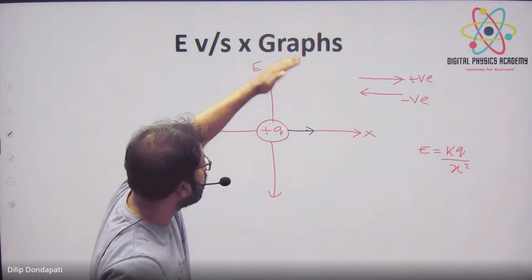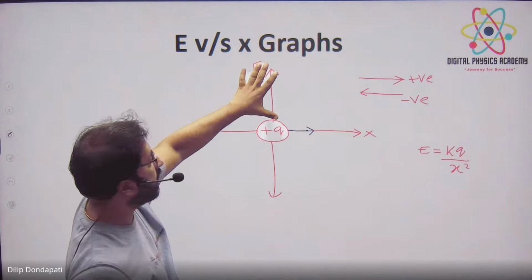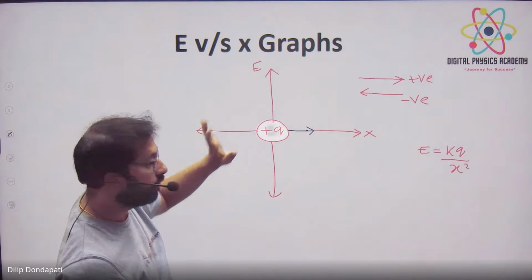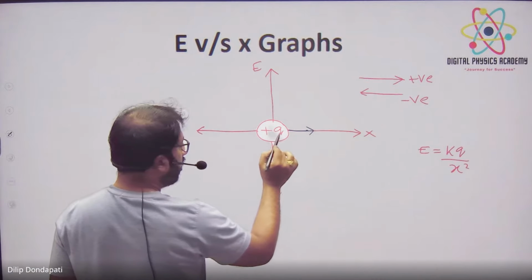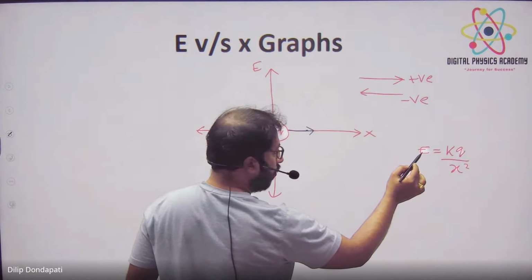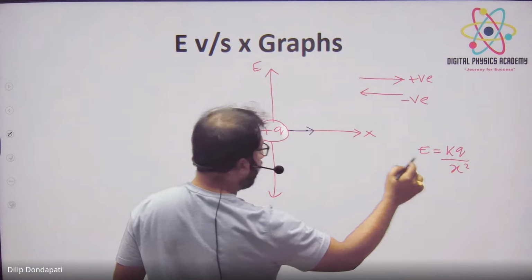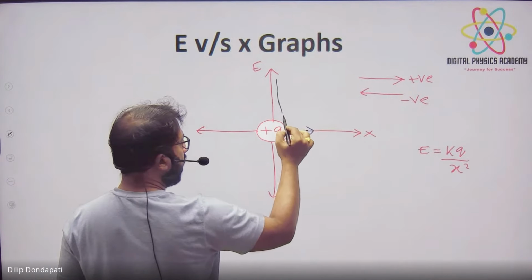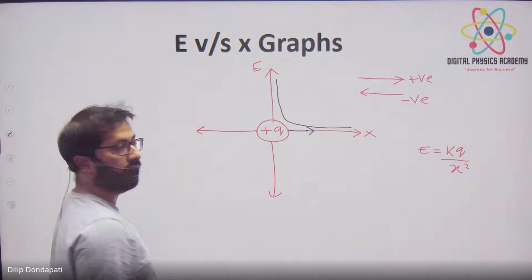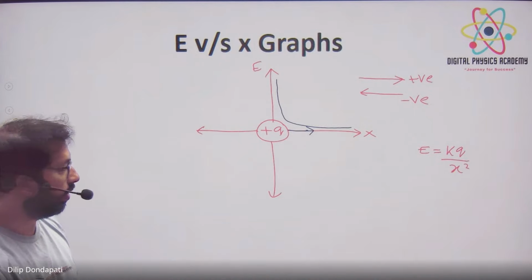Positive means above, we should take the plus y-axis. So now draw the graph of this. It is an inverse relation. At very small distance, more electric field, and at more distance, lesser electric field, right? So at lesser distance more electric field, and as we go far, lesser electric field, right?